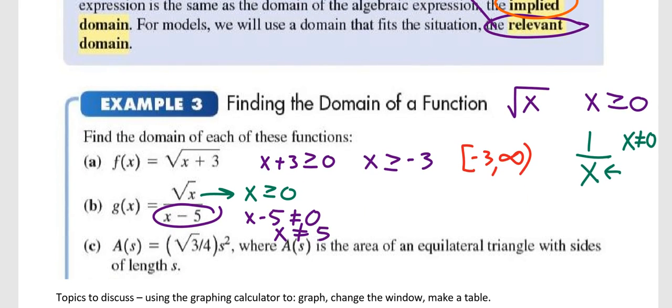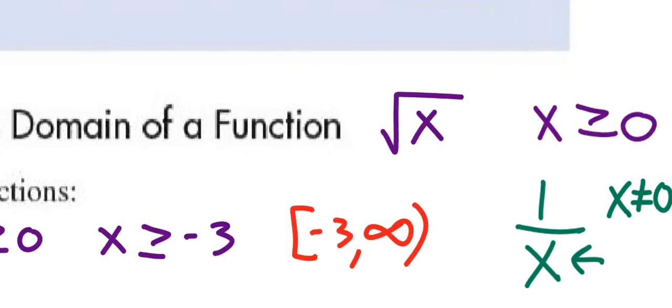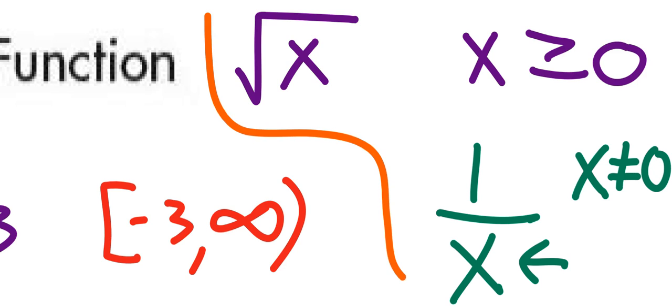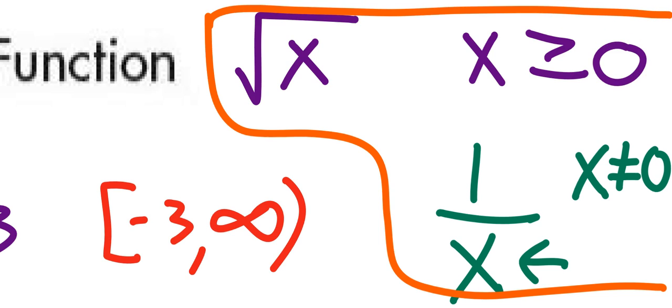Now, there's a couple extremely important points that we need to understand here. I'll use a line to kind of separate these. When you're dealing with square roots, the part under the radical has to be greater than or equal to 0.